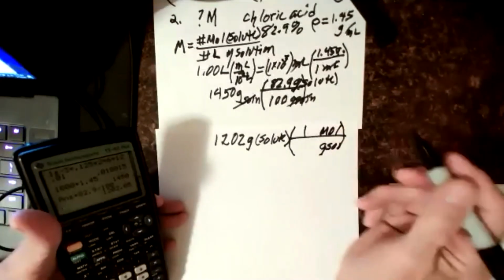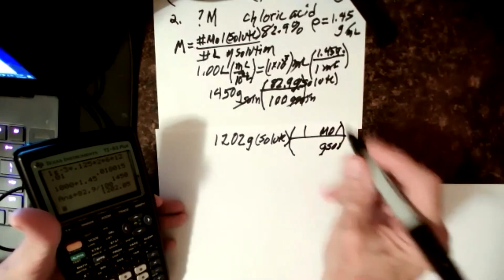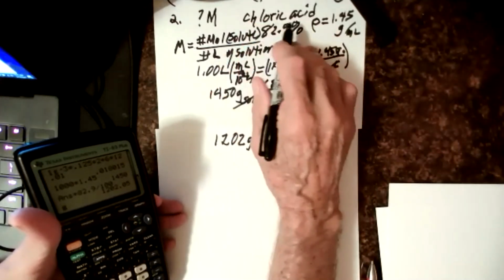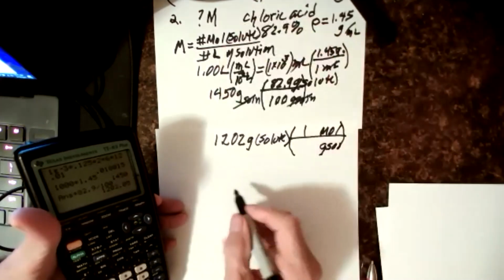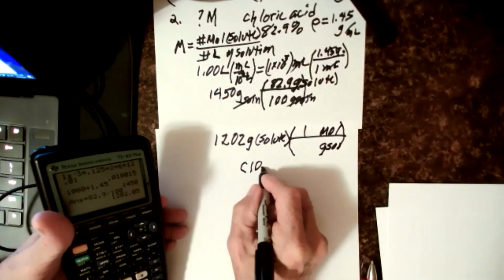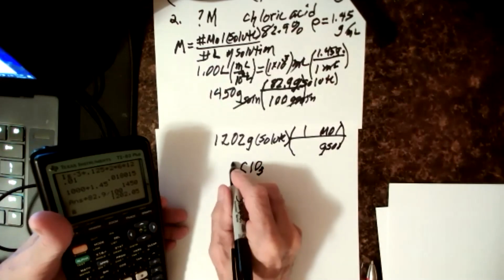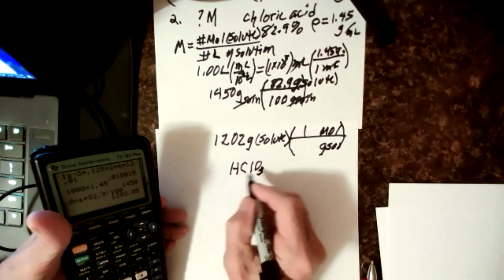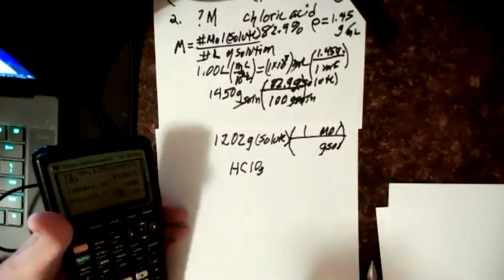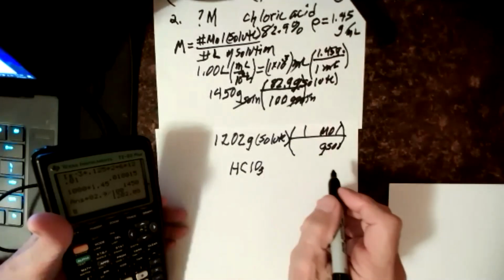Well, let's see how much 1 mole weighs. Now, way back up here, it says this is chloric acid. So that has to come from chlorate ion, which is ClO3 minus. The acid would be HClO3. I'd need 1 of each to balance charge. So this is the formula for chloric acid.